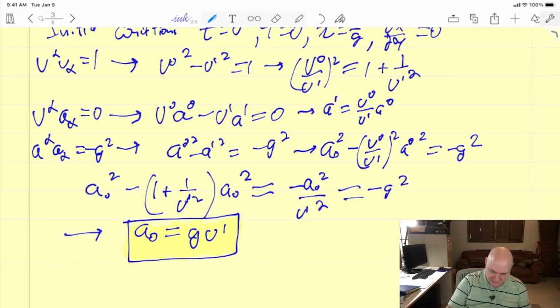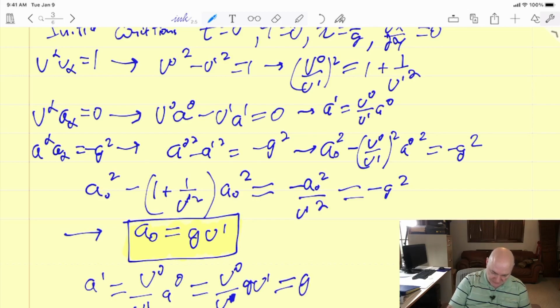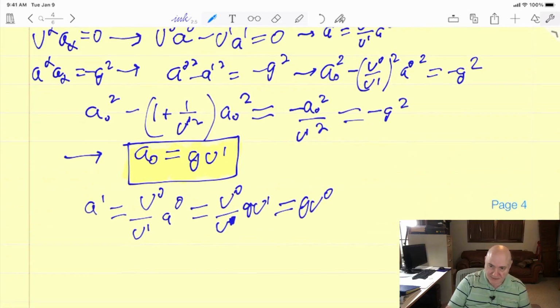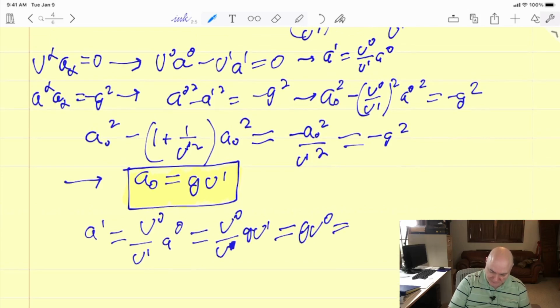Now, let's go back to the equation. We have a1 is equal to u0 over u1 a0, and now we have a0 from there, so we'll substitute that in. The u1's cancel, so this is equal to g u0. So this is our second very important equation.